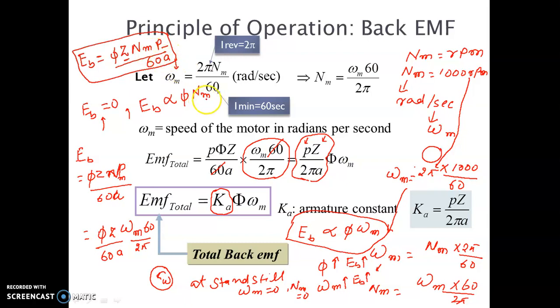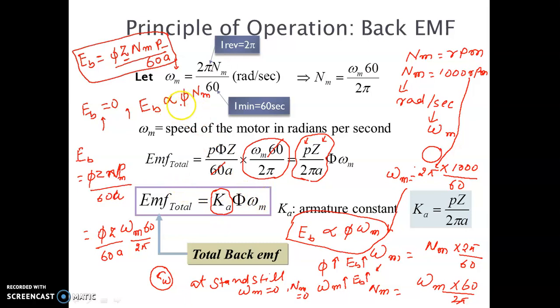Nm is the motor speed in rotations per minute, RPM. So EB is proportional to phi multiplied by Nm or phi multiplied by omega m. These two are the speed in different units: one is in rotations per minute and the other is in radians per second.